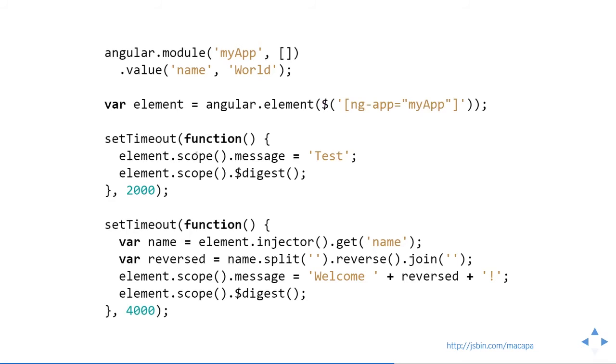After 2 seconds, we get element.scope and set message, and perform a digest. And then after 4 seconds, we get from the injector the name, which is our value here. We reverse it and we set our scope message to welcome and then the reversed variable, and then we perform a digest. And if you look at this, it simply looks like this: no message, test, and then welcome dlrow.